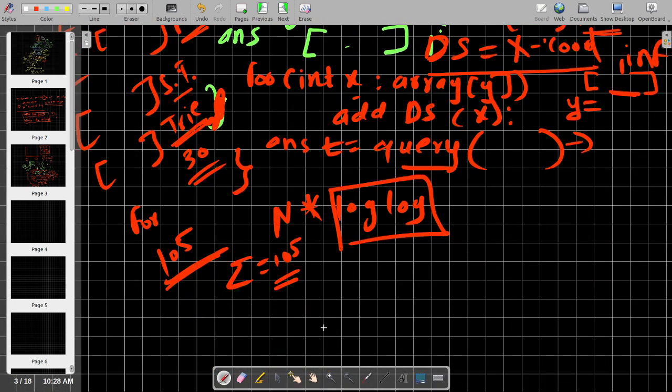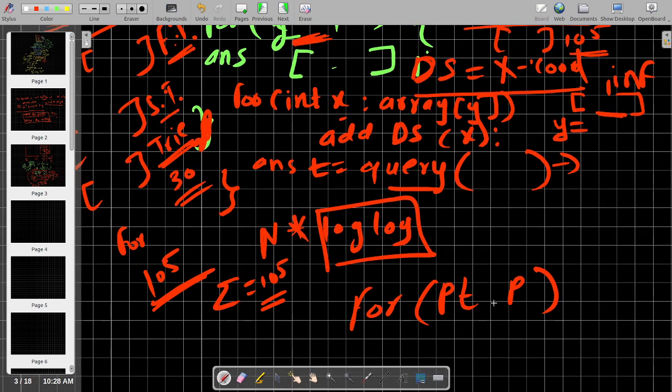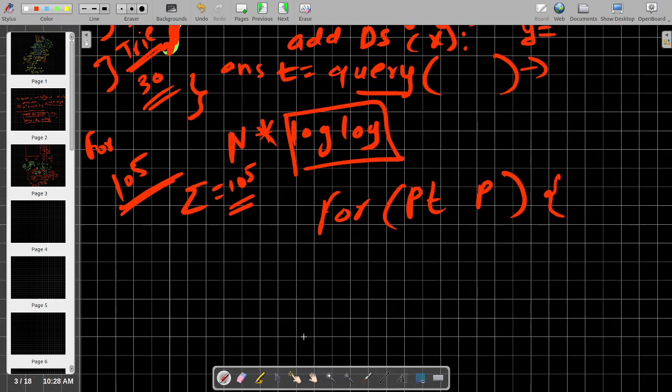Okay, so what we did was, for point p, these are sorted, just remember that. Also maintain a y coordinate here, let's say y is equal to 0, because we don't have to re-push into the data structure, right?